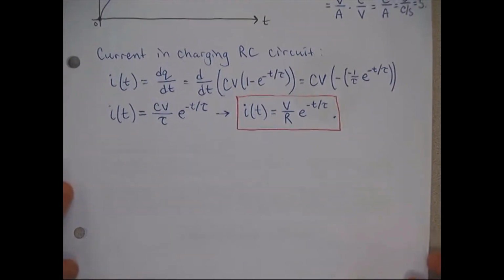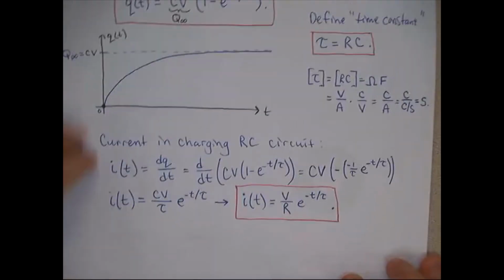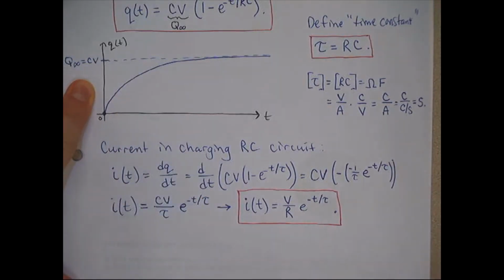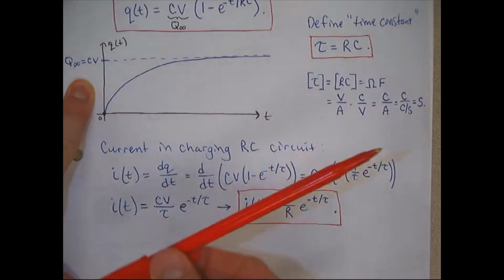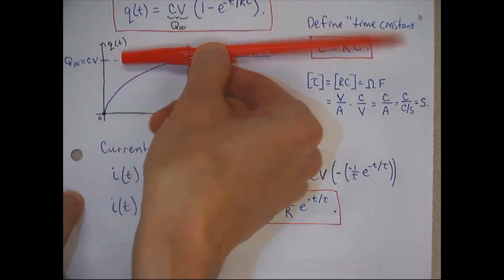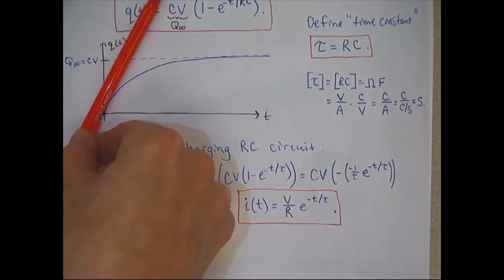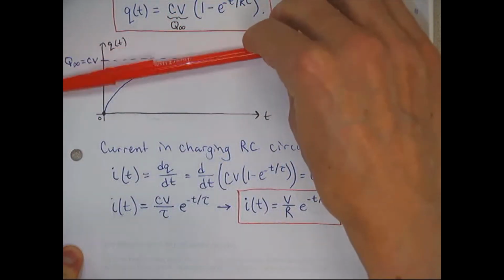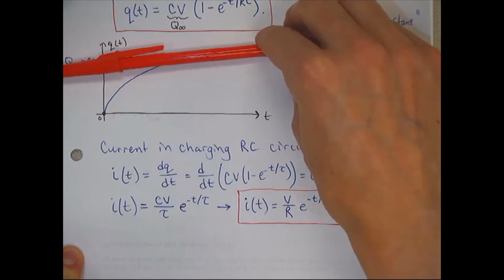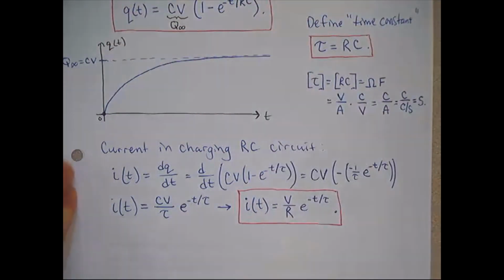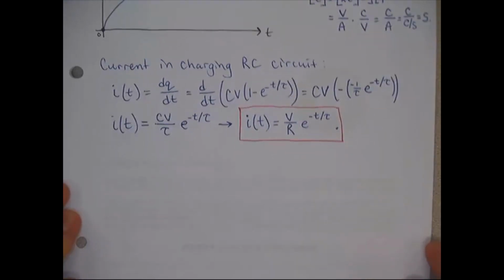Let's be sure to visualize that. Of course, if it's the time derivative of this quantity charge, we are literally plotting the slope of this function over time. That slope, you can see, is always positive, but it's getting flatter and flatter, closer to a zero slope after an infinite amount of time has elapsed.